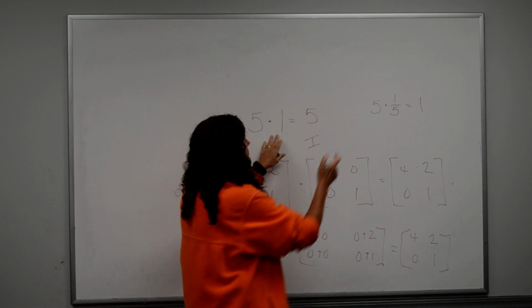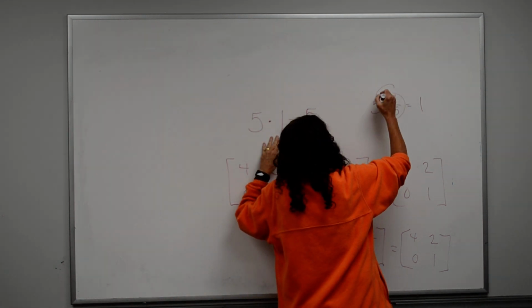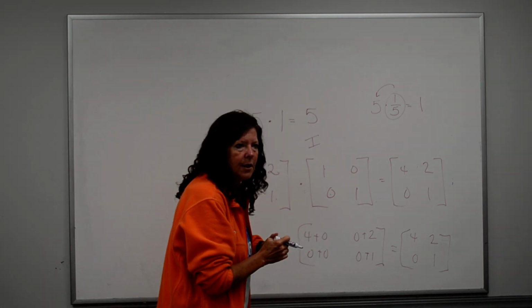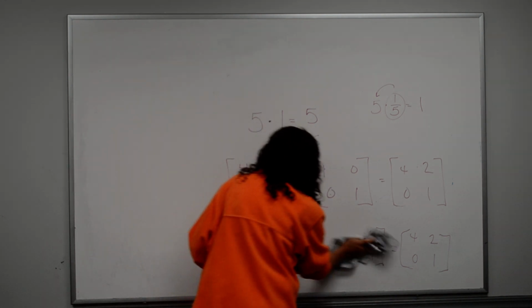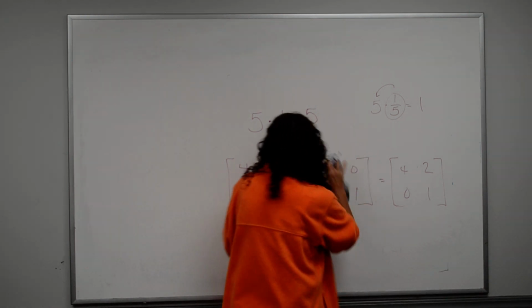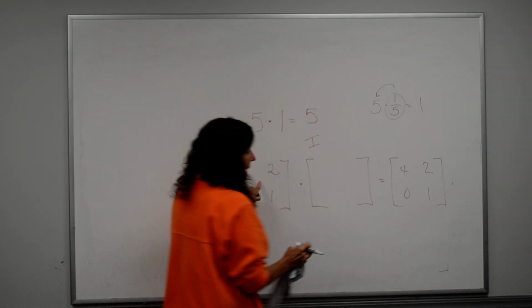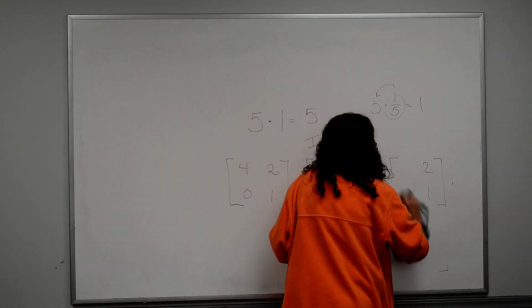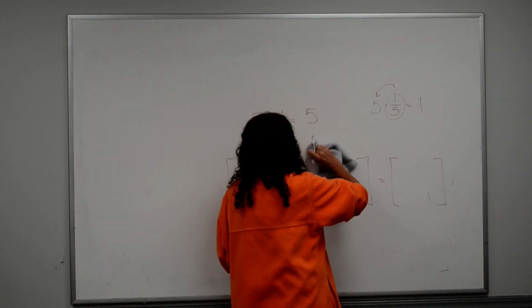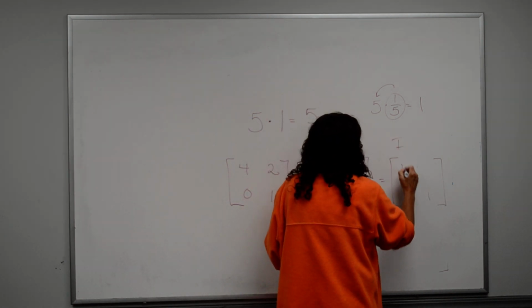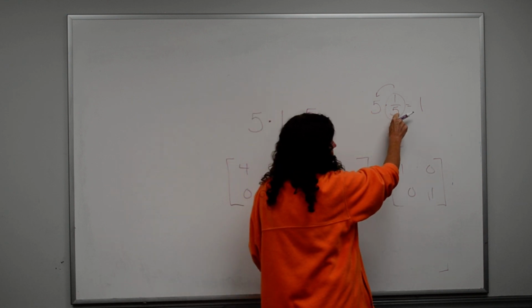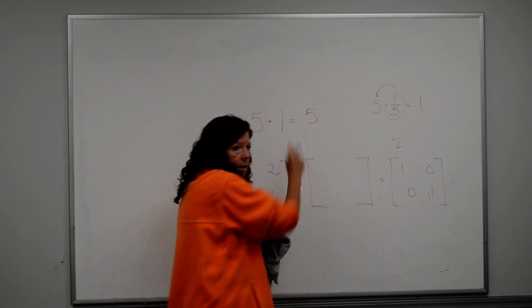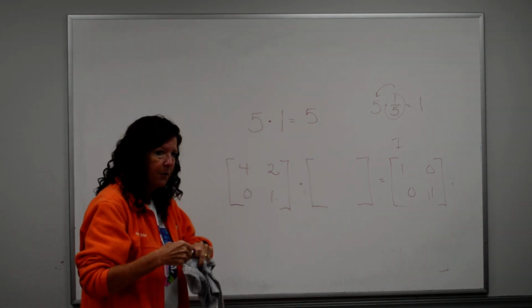So this is what we call the inverse of that. So there also has to be a matrix that I can multiply by this, and it gives me my identity matrix. Just like when I multiply this times this, it gives me the 1. You with me so far?